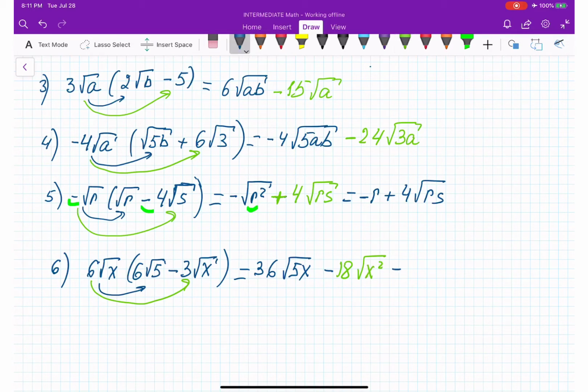And we have here 36 square root 5x minus 18x, because this square root x squared will come out as x. Next one.